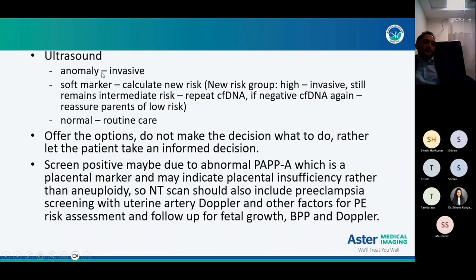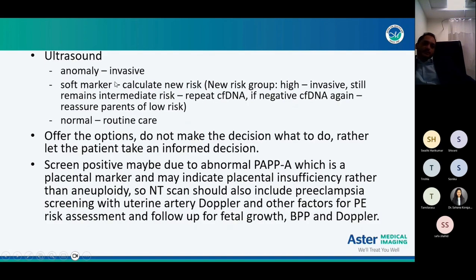Go for amnio with cardio array like that and find out what is the chromosomal problem, or do an analysis for the monogenic abnormalities as well, to find out the underlying cause for the anomaly, association with chromosomal or genetic abnormality. If instead of an anomaly you are just seeing a soft marker, then calculate the new risk.